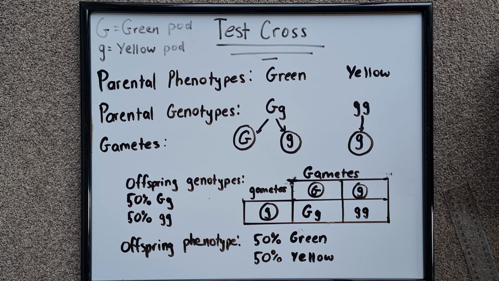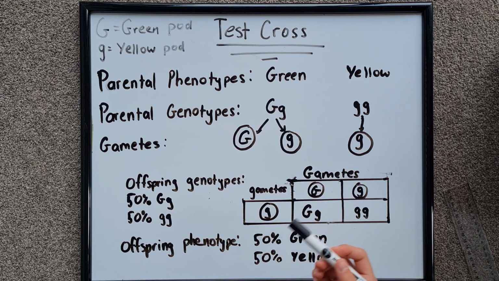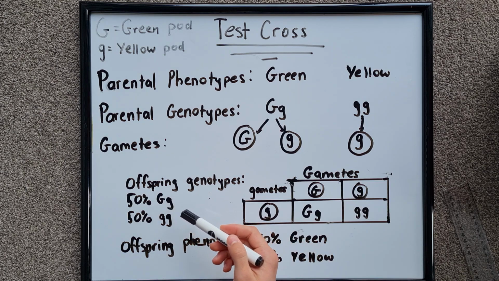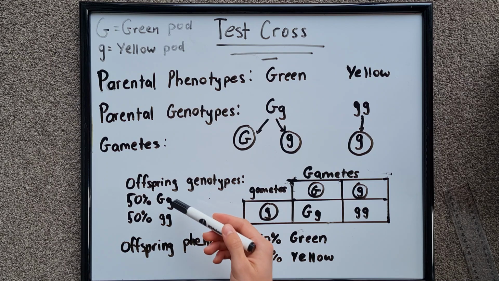Now, the more fertilizations that occur, the closer we get to the expected results. But note that if we have 50% heterozygous and 50% homozygous recessive, and then there are, let's say, 10 fertilizations, it does not mean that 5 of those offspring will be green and 5 will be yellow. No, it could be maybe 7 green, 3 yellow, or it could be 7 yellow and 3 green.